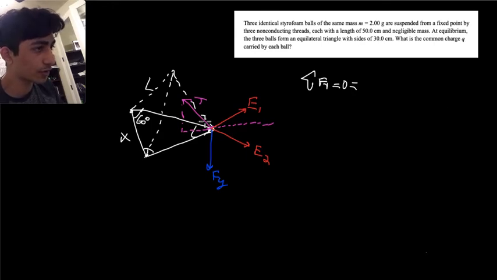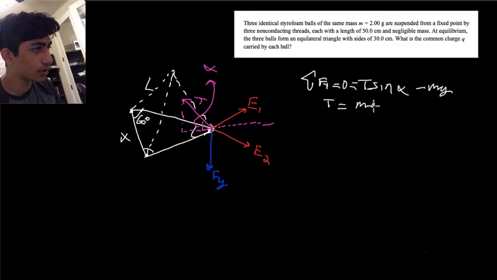I'm going to say that this angle between the tension and the x-axis is simply alpha. So then the forces in the y direction are T sine alpha minus the gravitational force, and from this we can see that tension is equal to mg divided by sine alpha.